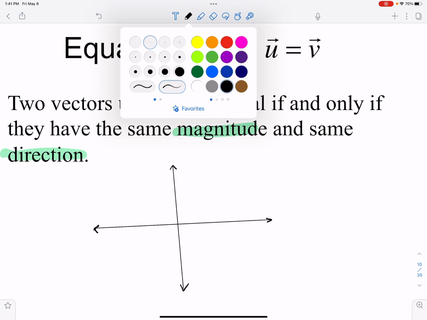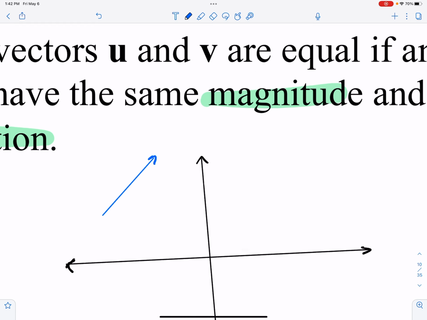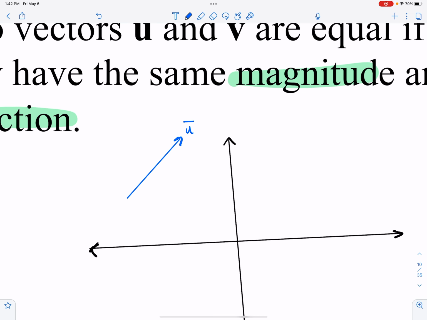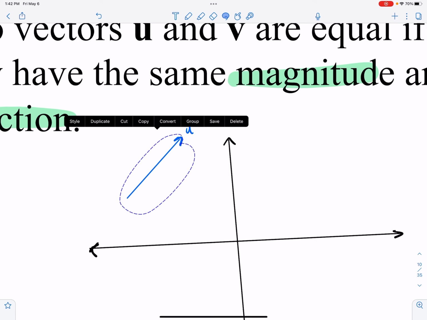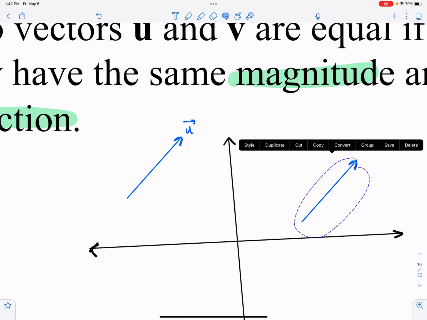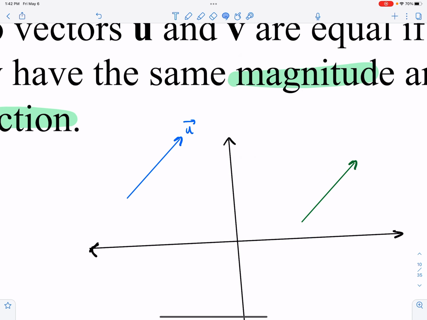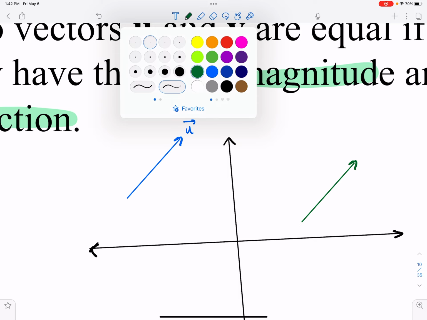Let's say this is one vector, I'll call this vector u. And then if I copy and paste this somewhere else, and maybe I'll change the color, and then call this vector v.